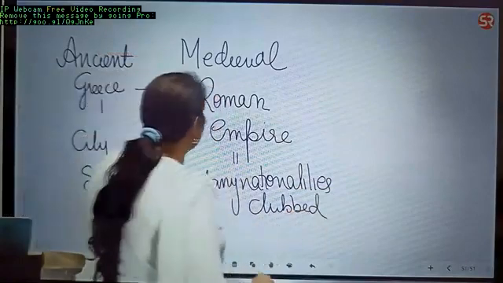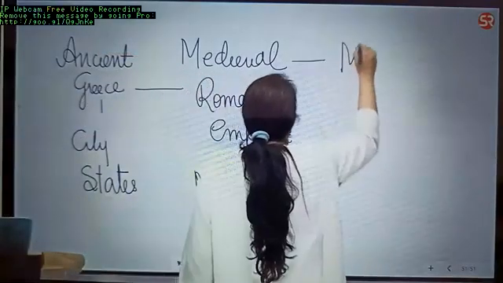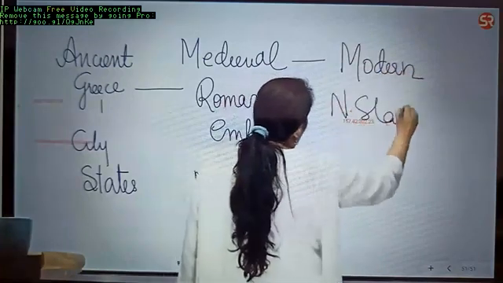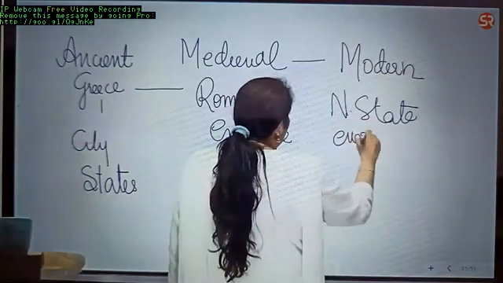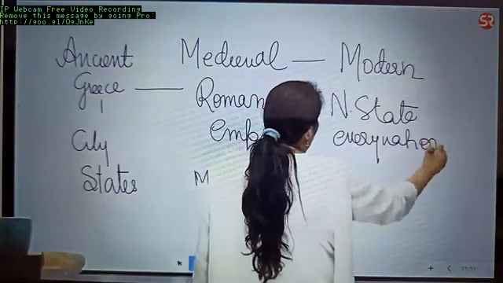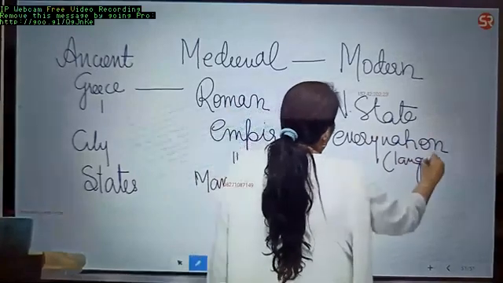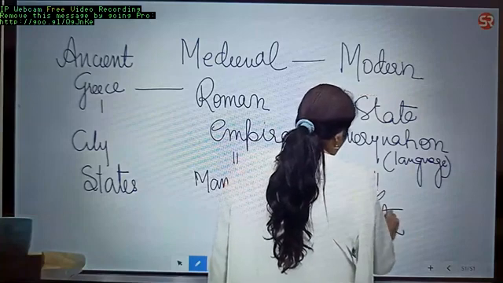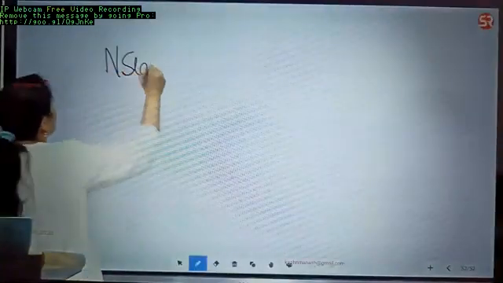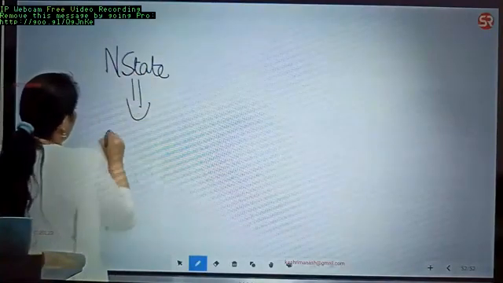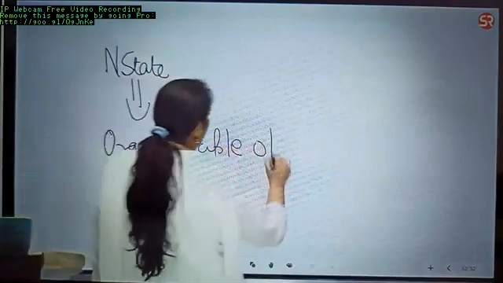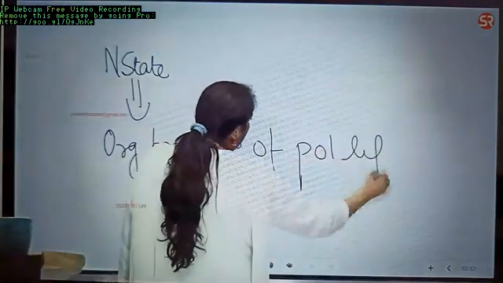This has given way to the nation state, where every nation in Europe, based on language, got its own state. Fine. And then, because of colonialism, nation state became the organizing principle of political life around the world.